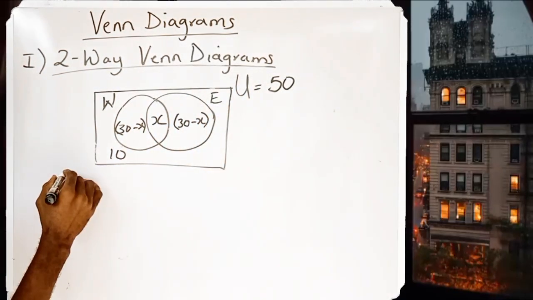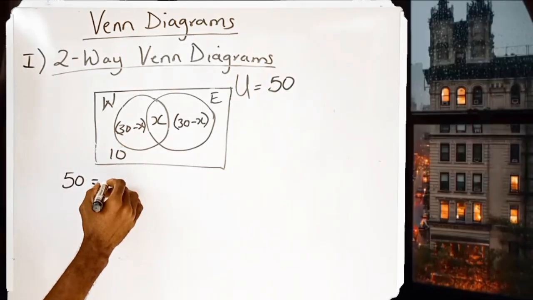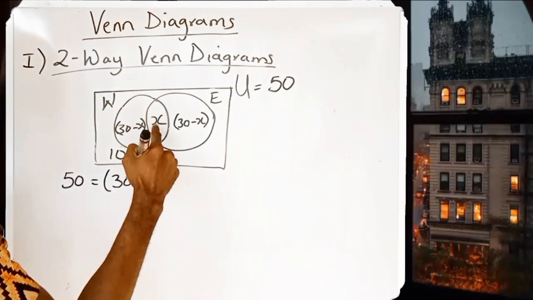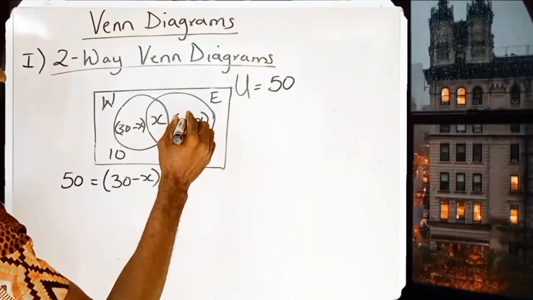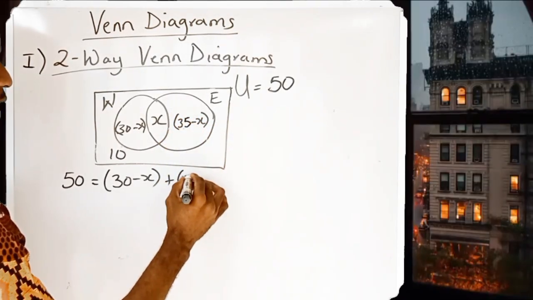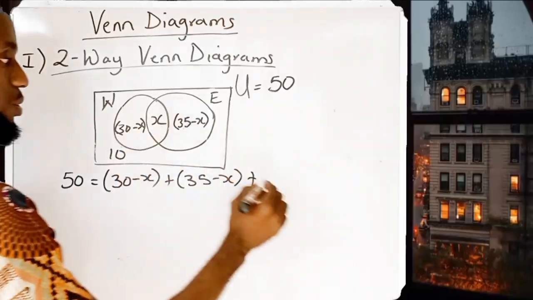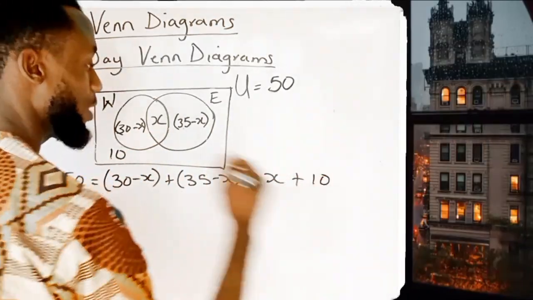Our total becomes those in W only, 30 minus X, added with those in E only. Oh, this is 35, not 30, please. So that's 35 minus X, added with those that did both, which is X, added with those outside, which is 10.